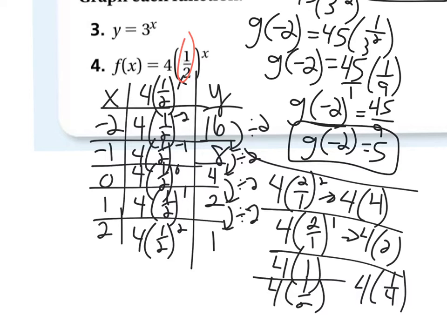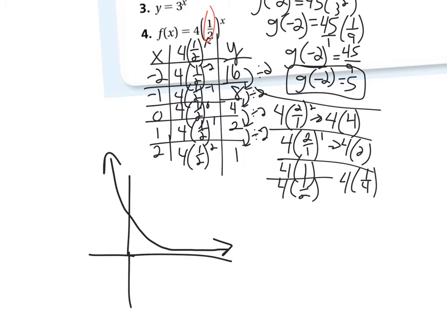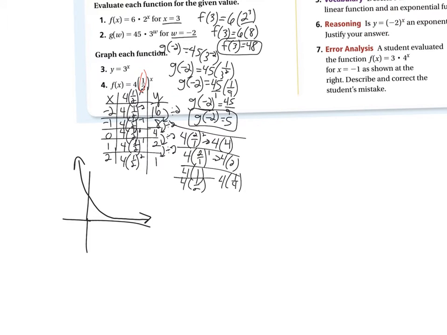Okay, and again, you could graph those points, and you can see kind of just a quick sketch to give you an idea of what that looks like. It's going to look something like that, roughly, for number 4.